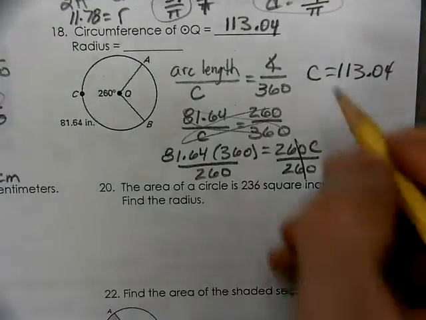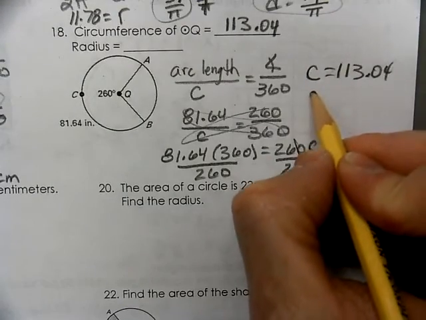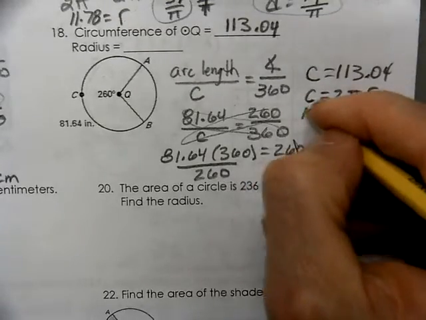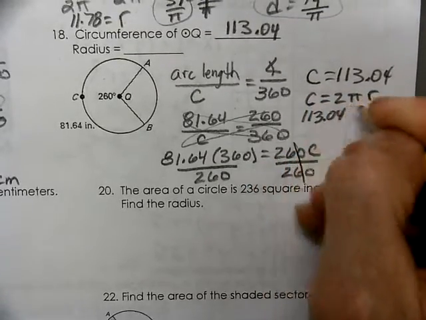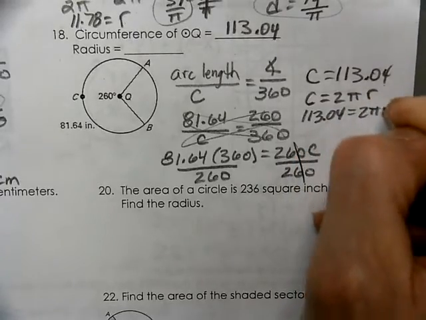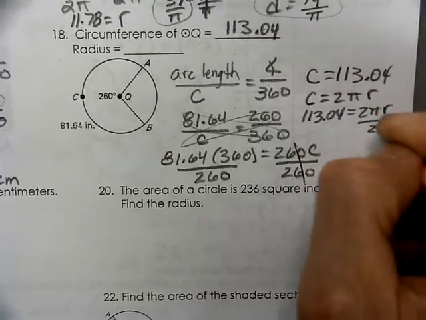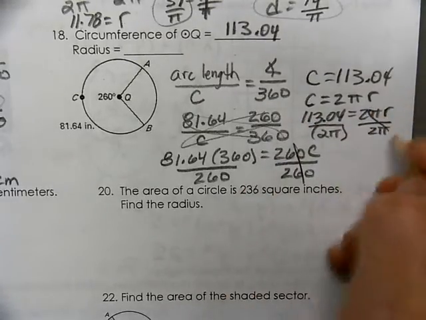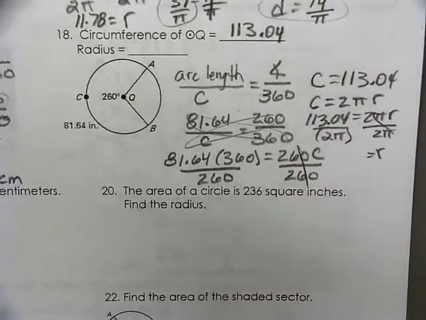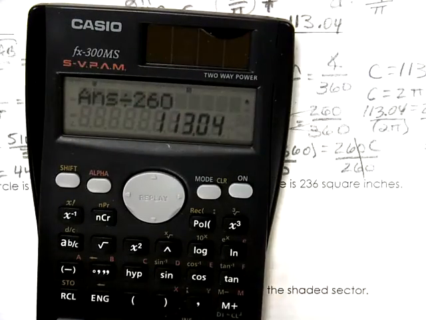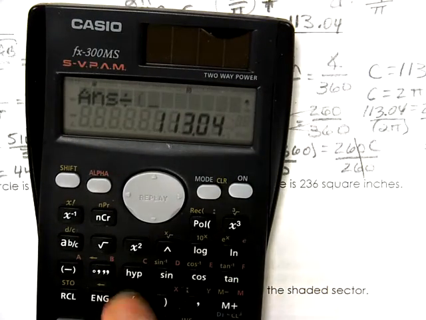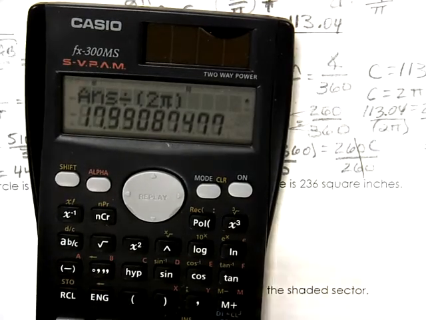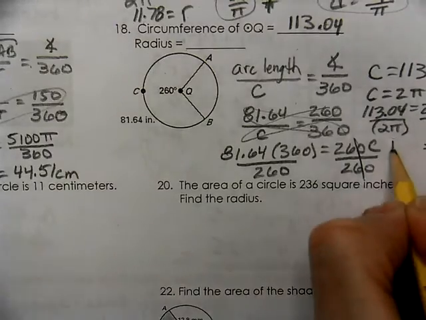So now we're supposed to find the radius. Well, circumference equals 2 pi r. So 113.04 equals 2 pi r. Divide by the 2 pi. Be sure to put that in parentheses. So we're going to divide that by 2 pi using parentheses, and we get 17.99.